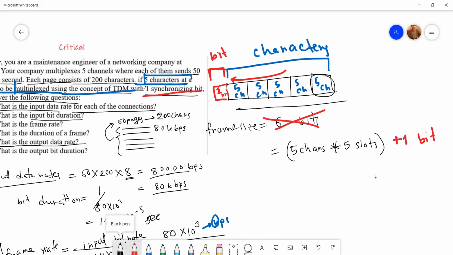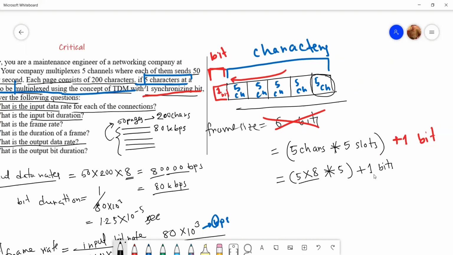Now let us do this math. For the 5 characters, 5 into 8 is your bit conversion, and then you have how many bits in those 5 slots, plus 1 bit.